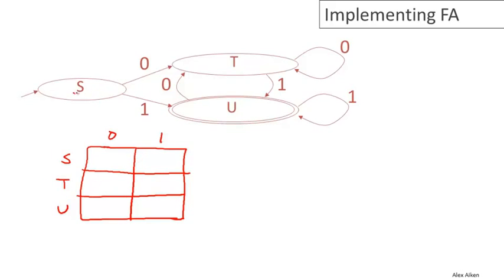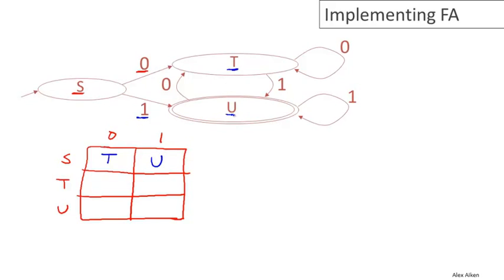So in state S, on input 0, where do we go? We go to state T. So the S0 entry will be T. And similarly, from state S on input 1, we'll wind up in state U. So the S1 entry will be U. Okay, and then similarly for the other rows of the table, let's do the T row next.